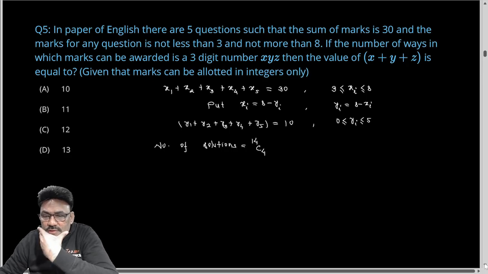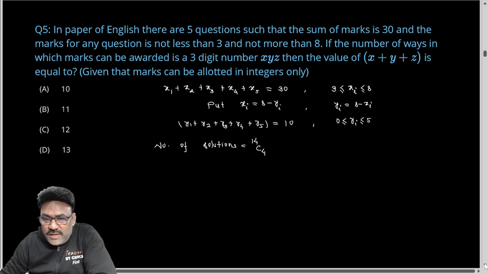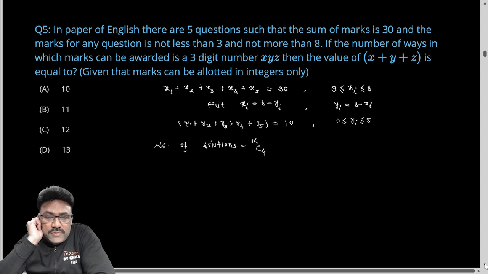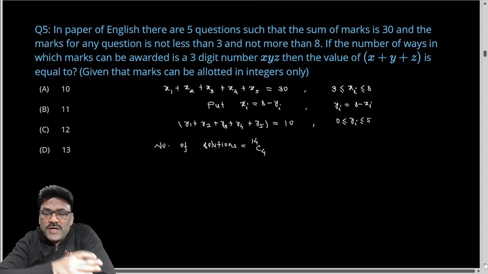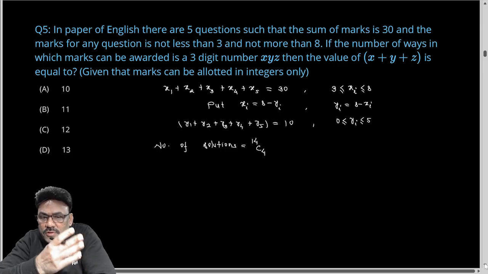But we have a restriction here: yi is at most 5. So actually in these solutions, those cases are also included when one of the variables out of y1, y2, y3, y4, y5 exceeds 5, becoming 6 or 7 or 8 or 9 or 10. I have to exclude those cases.